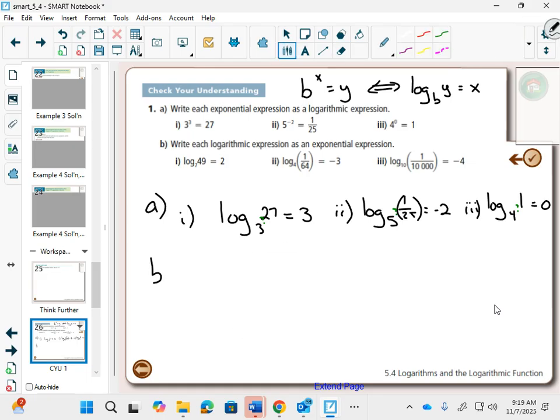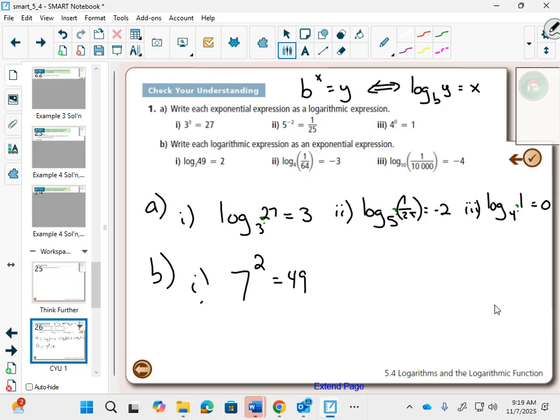Okay, part B. Now we need to write this in exponential form. The base of the log is 7, so the base of your exponent is 7. Logs solve for exponents, so the exponent is 2. Seven squared equals 49.